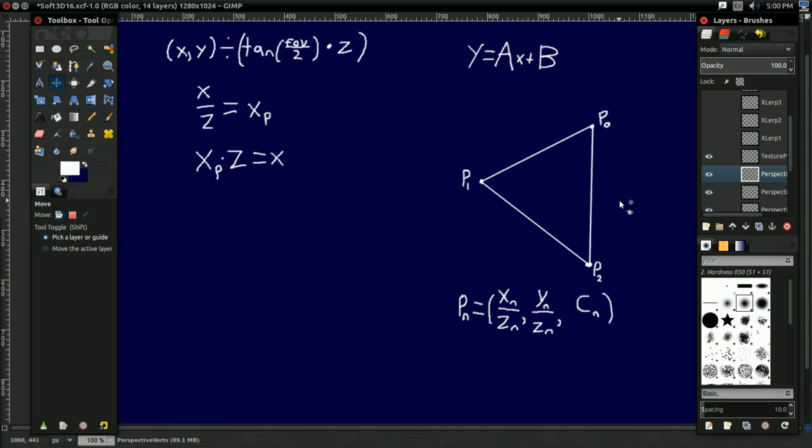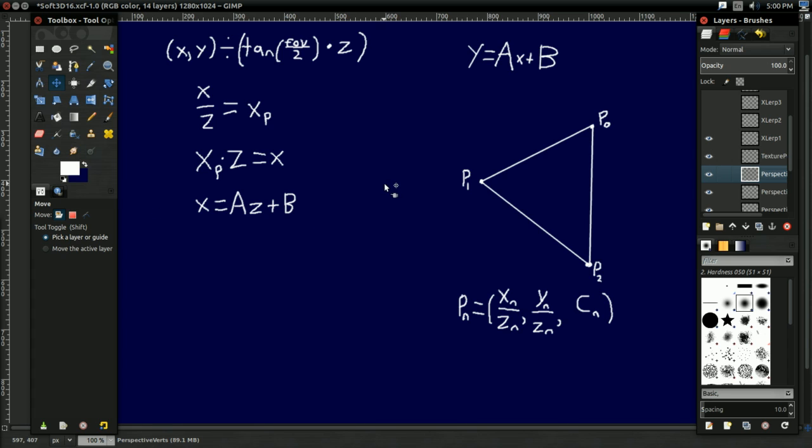So, if our interpolation really is linear, and dividing by z really doesn't affect it, we should be able to take this z value at every vertex, interpolate it across the triangle, and then at every pixel multiply z by our projected x value, and get our original x value. Seems reasonable enough. So, let's see how well that works out.